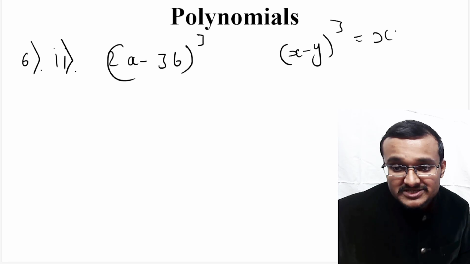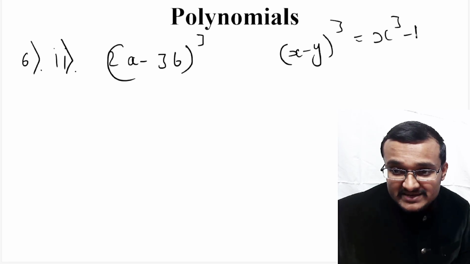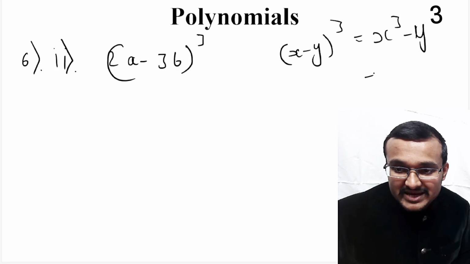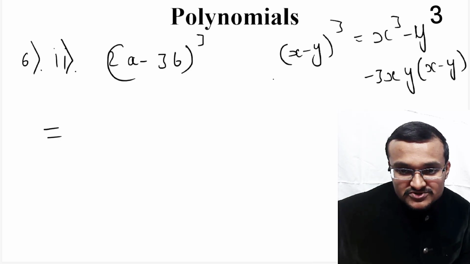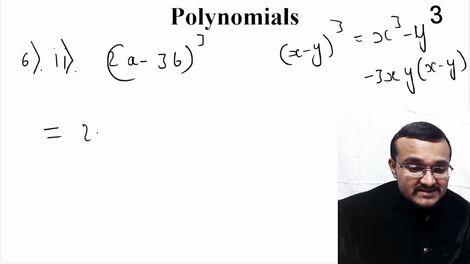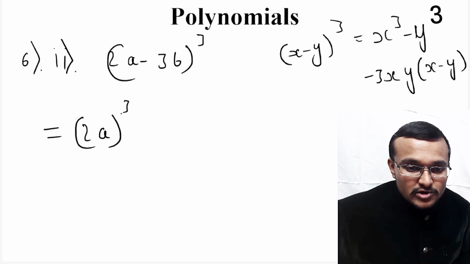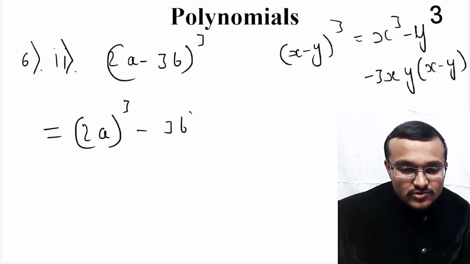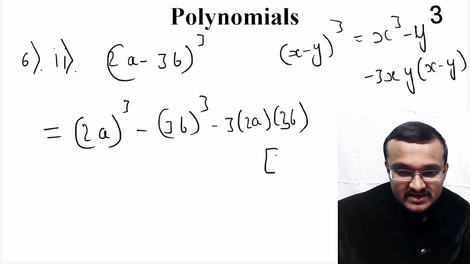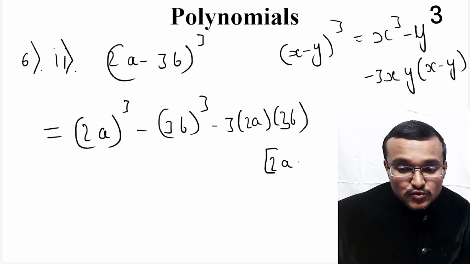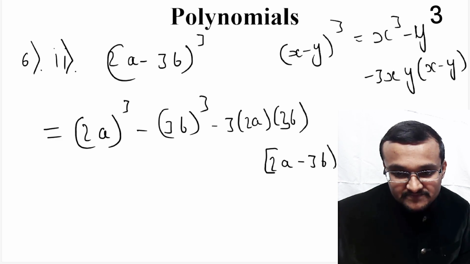x minus y whole cube is equal to x cube minus y cube minus 3xy, in the bracket x minus y. So you can use this identity and straight away expand this cubic form. So 2a whole cube minus 3b whole cube minus 3 into 2a into 3b, in the bracket 2a minus 3b.